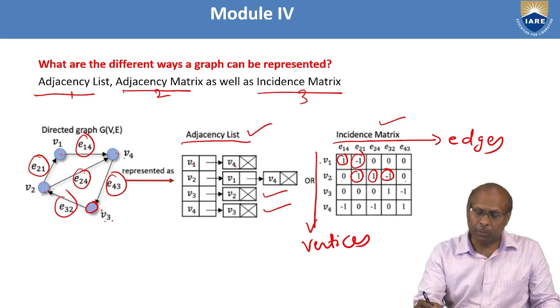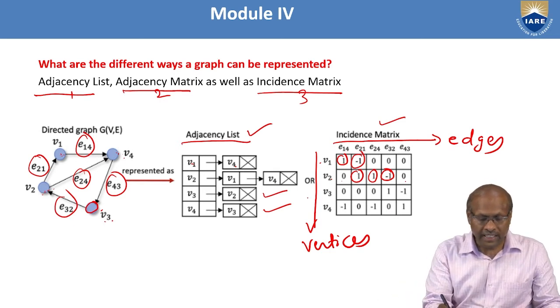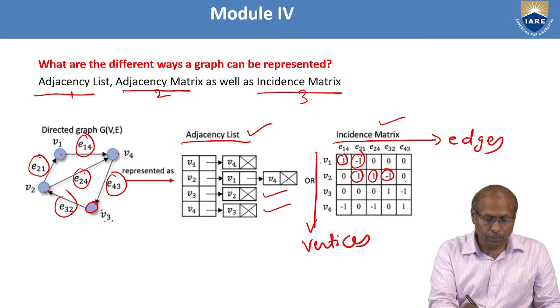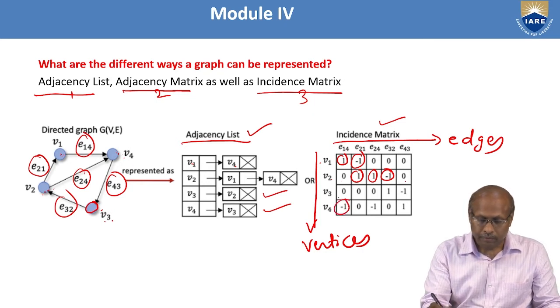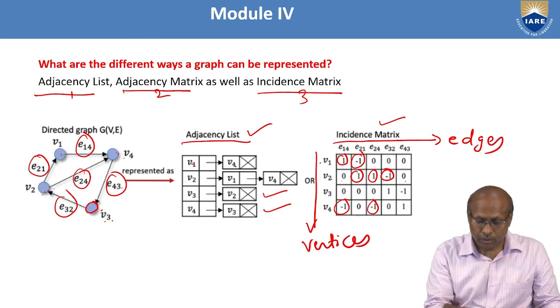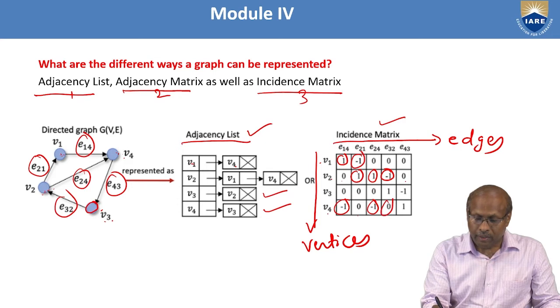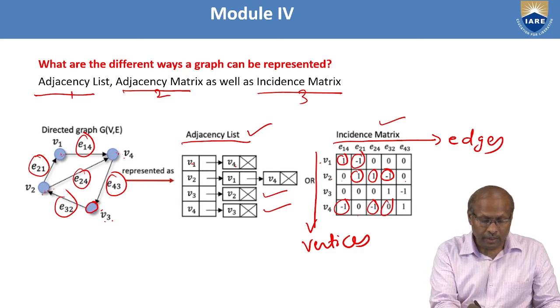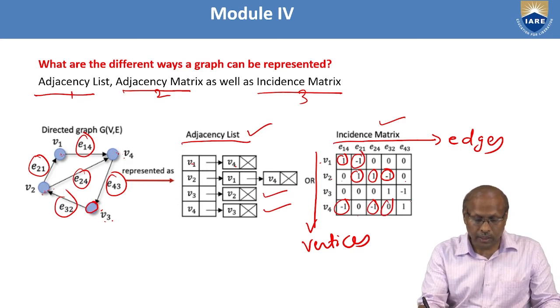If it is reverse direction, put -1. Similarly, V3. V3 is connected to E32 in the reverse direction, so put -1. V3 is connected to E21, no, 0. V3 is connected to E24 in the reverse direction, put -1. And V3 is connected to E32, yes, 1. V4 is connected to E43, yes, connected, so I write 1.